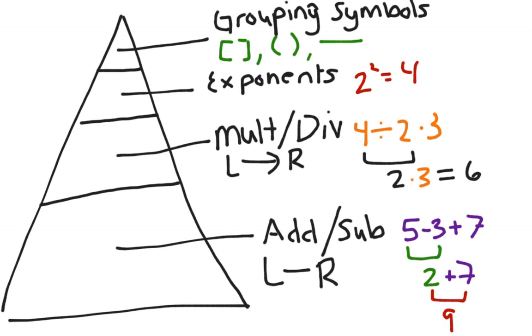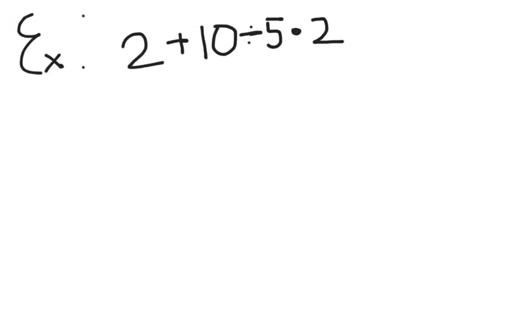Let's take a look at an example problem. So I'm looking at my problem, and I look at all my operations. I have addition, division, and multiplication. Well, multiplication and division I know come before addition, so I'm definitely looking at division or multiplication first.